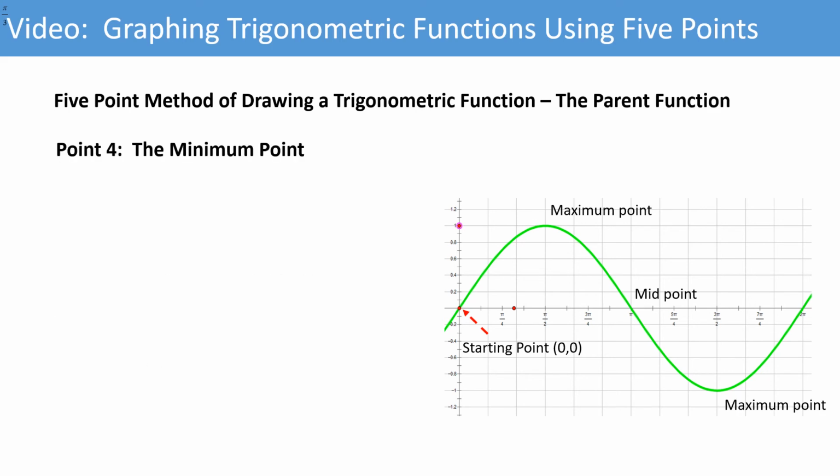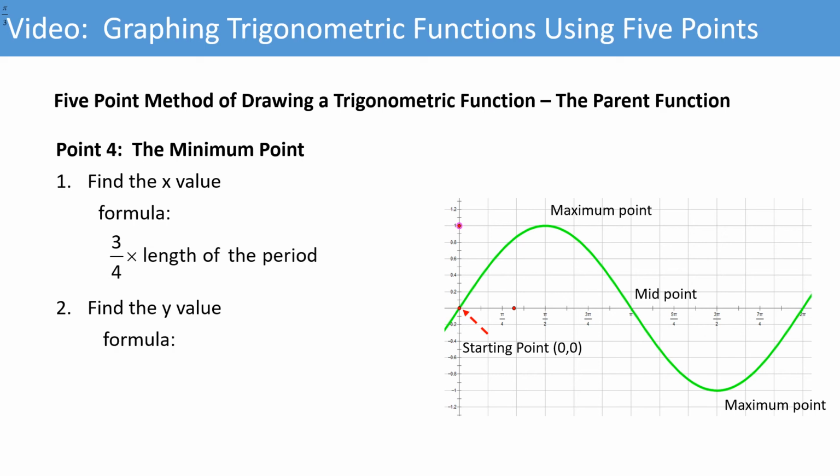Now, point 4, the minimum point. Find the x value, the formula. This time we'll take 3/4 of the length of the period. 3 over 4 times 2 pi would be 3 over 2. And of course, don't forget the pi, 3 pi over 2.